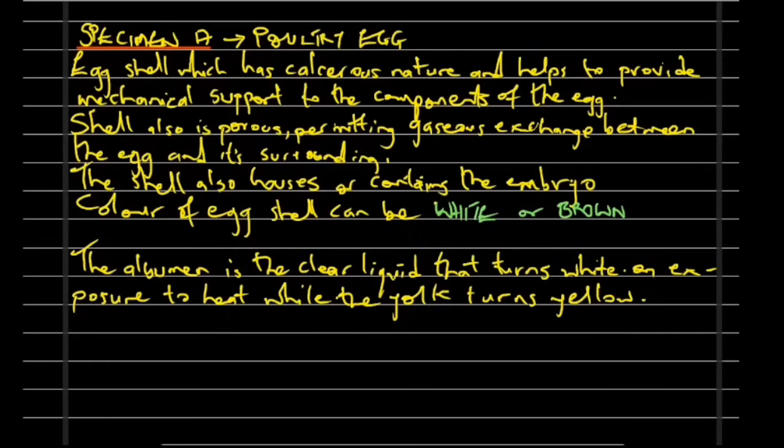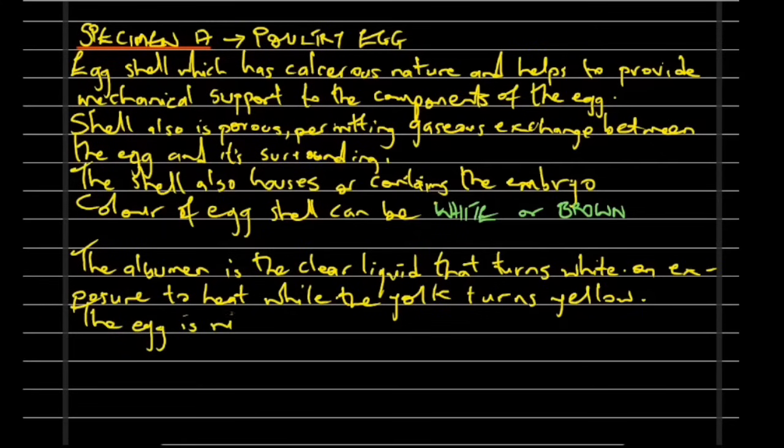Now, this particular substance is very rich in protein. Overall, it is rich in protein. It contains water and protein serving as nutrients. Now, the yolk contains high amount of carbohydrates, and it generates energy for the embryo. Okay, let me put it this way.